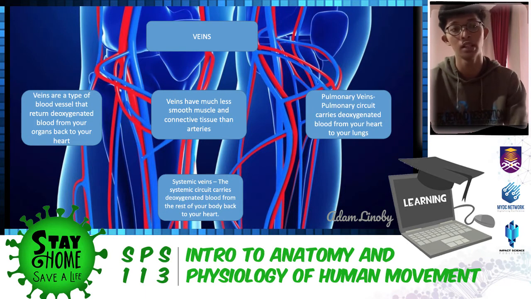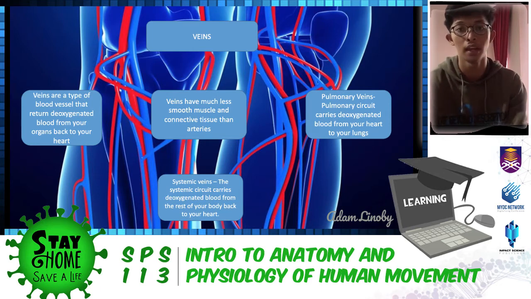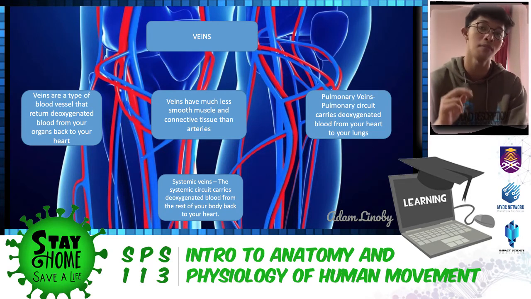Okay, and then veins have much less smooth muscle and connective tissue than arteries. And then there are two types of veins, which are pulmonary veins and systemic veins.